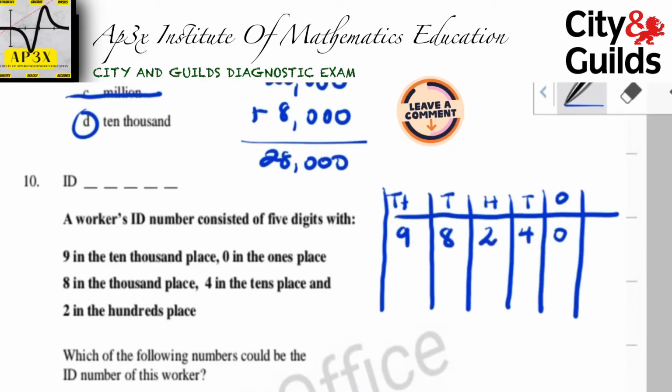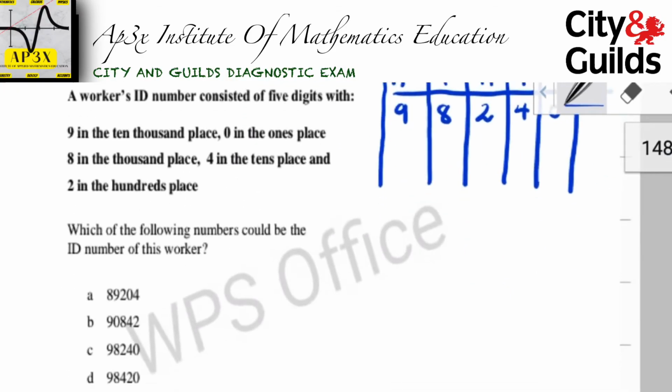Once you are familiar with the table, you can easily put the numbers in the positions they belong. So what we're looking for is the ID number 98,240. That's going to be C here.